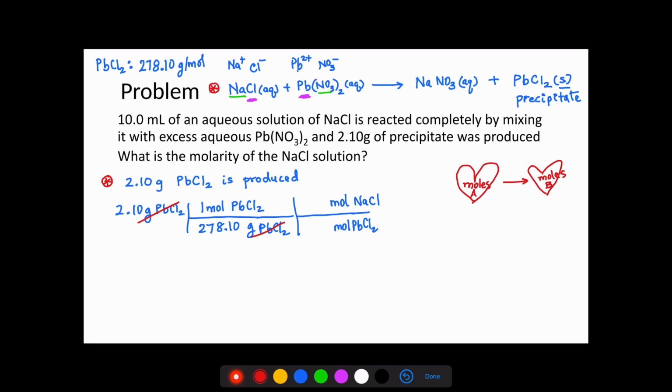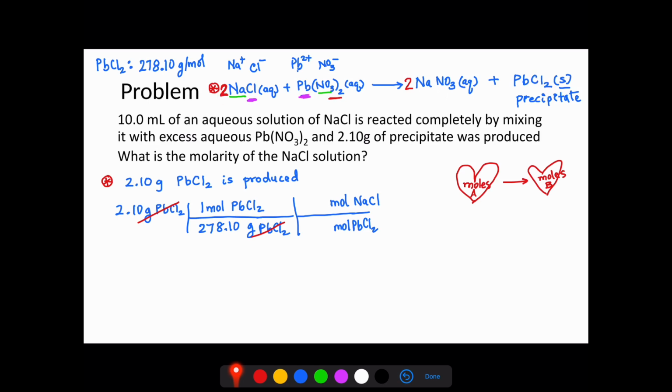You have 2 nitrates there, so I need a 2 here. Okay, that would make 2 sodiums on the right, so I need 2 sodiums. So let's have a coefficient of 2 there. Look at it, is it balanced? 2 sodiums, 2 sodiums, 2 nitrates, 2 nitrates, 1 lead, 2 chlorides, 2 chlorides.